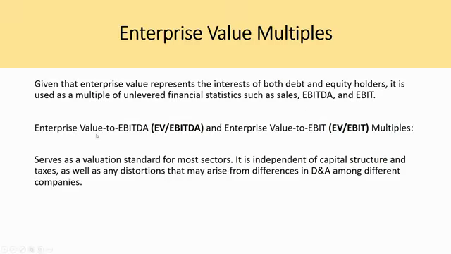So the two most common multiples are EV to EBITDA and EV to EBIT. So enterprise value to EBITDA and enterprise value to EBIT. And these serve as a valuation standard for most sectors. It is independent of capital structure and taxes, as well as any distortions that may arise from differences in depreciation and amortization among different companies.